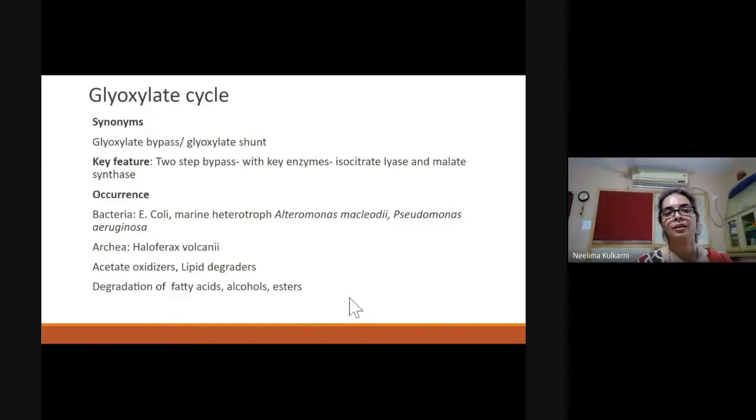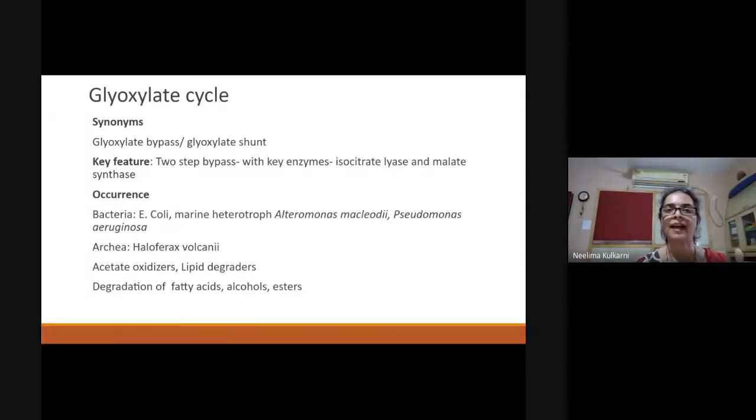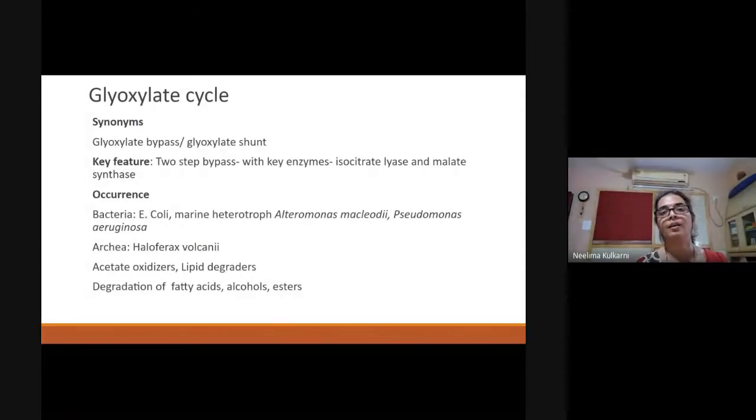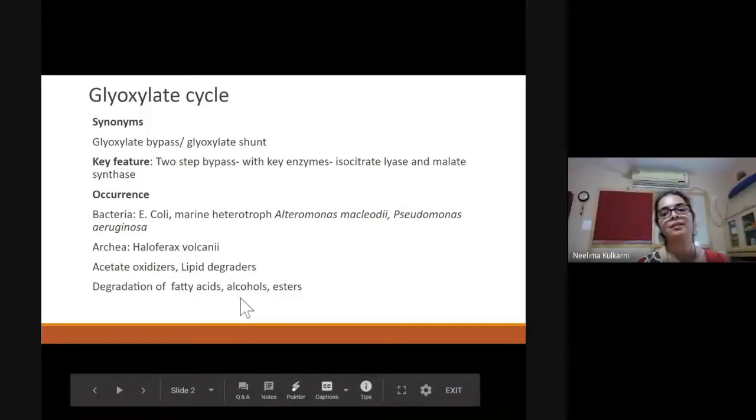So glyoxylate cycle is particularly seen in bacteria which are growing on either acetic acid as substrate or when they are degrading lipids or metabolites which are derivatives of lipids such as fatty acids, alcohols or esters.